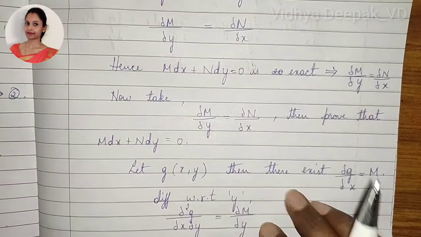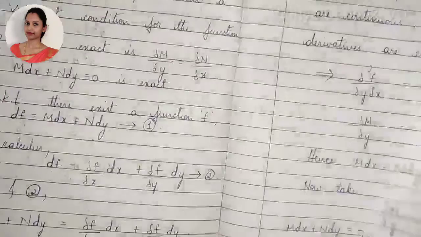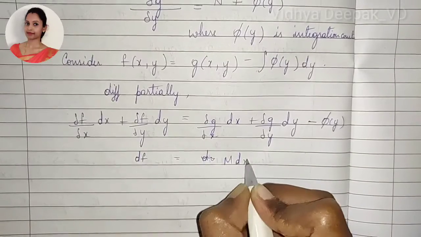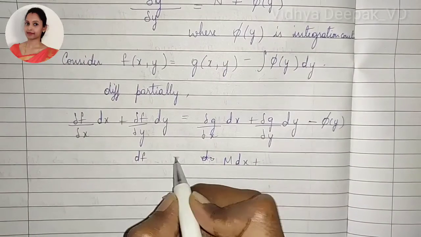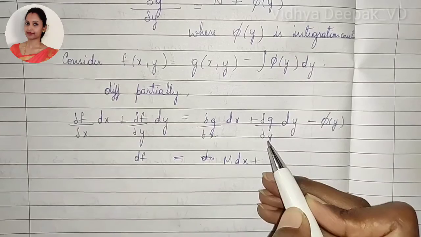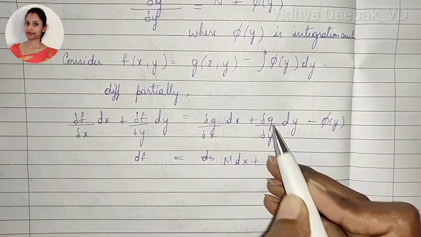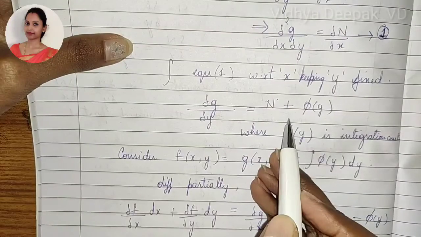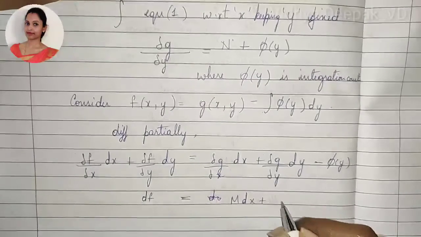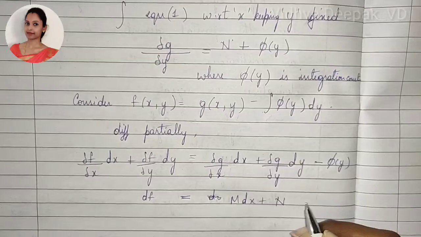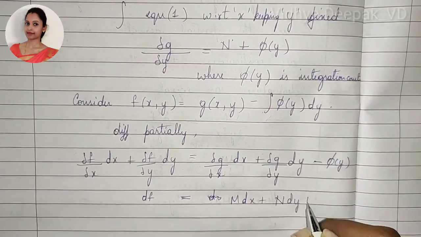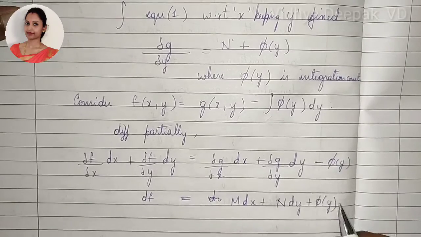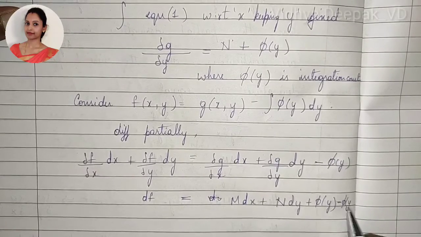So we get m dx plus dou g by dou y dy. What is dou g by dou y? Dou g by dou y is nothing but n plus phi of y, right? So n dy plus phi of y, and the remaining term is minus phi of y.